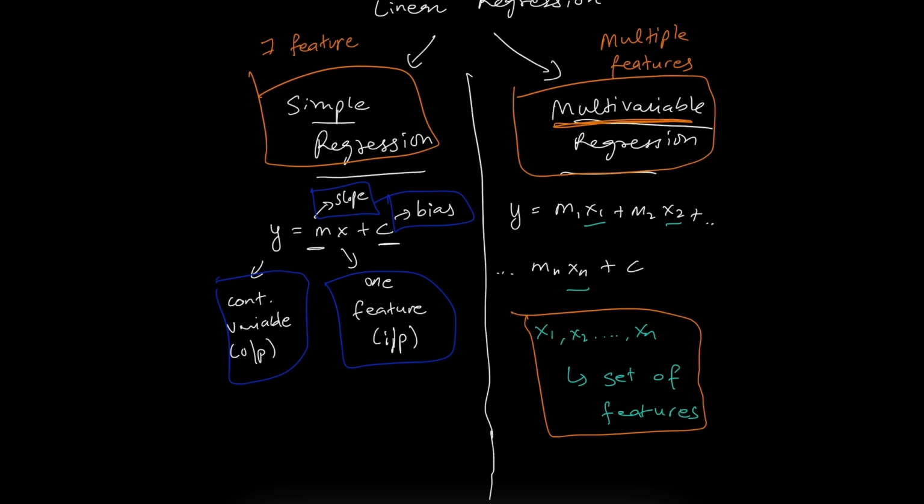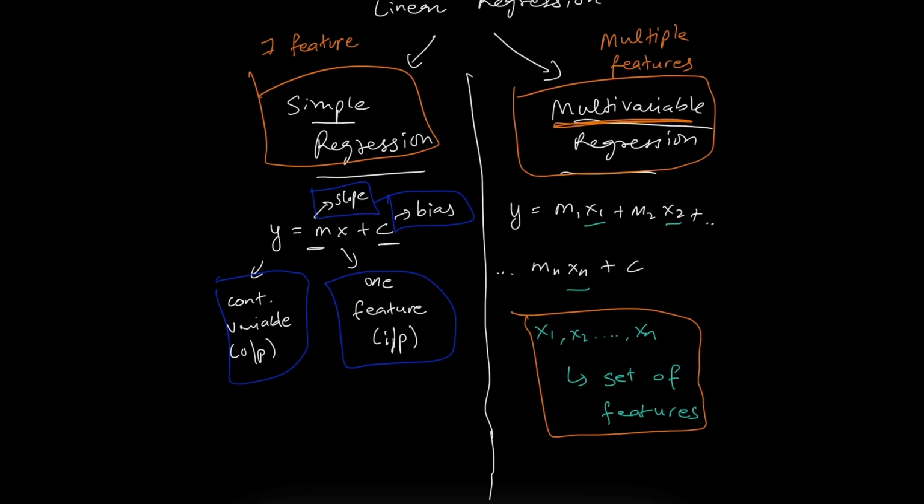It's exactly the same concept. The only difference is multivariable regression has multiple features and multiple variables that contribute to making a prediction within the model.